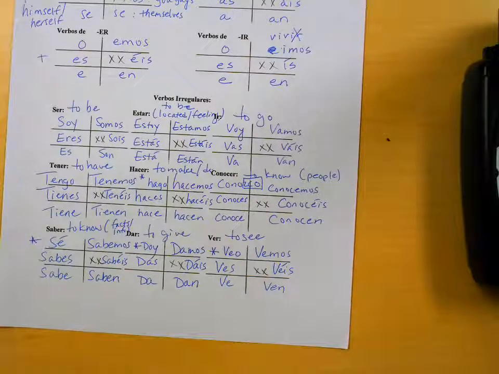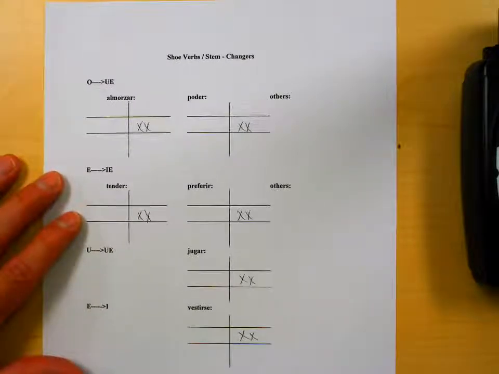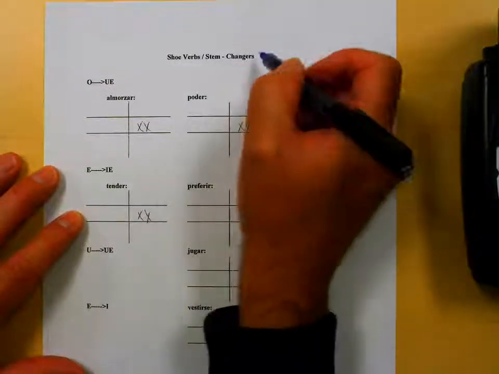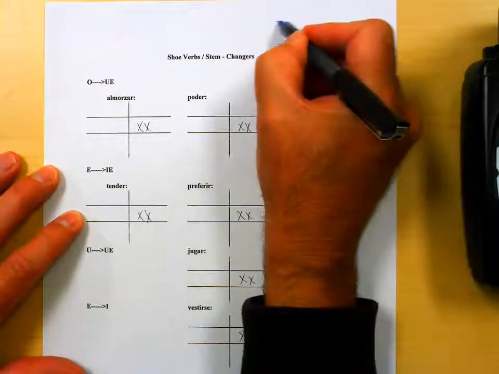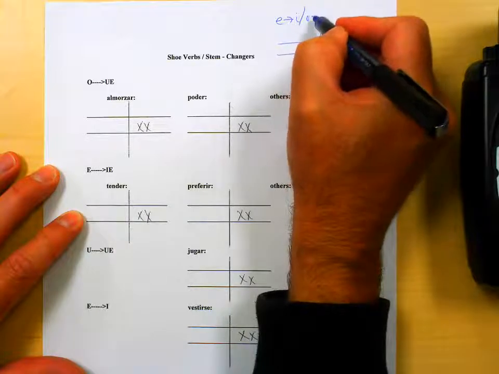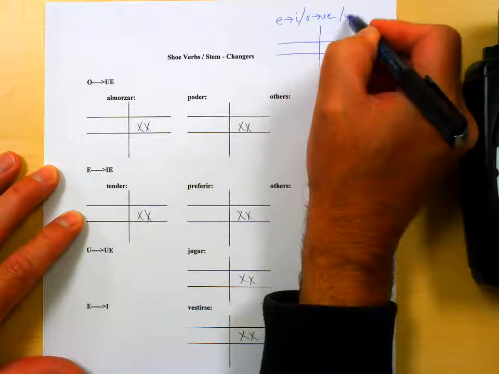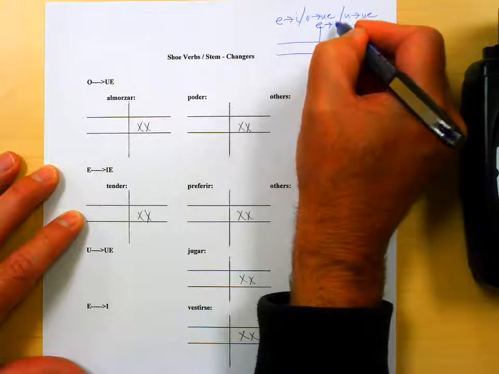So those are some of our irregular verbs. Now, if you go to page 2 or you flip it over, we're going to talk a bit about some of these what we call shoe verbs or stem changing verbs. And if you remember, we have some verbs where the E will change to an I, an O will change to a UE, or the E will change to IE.